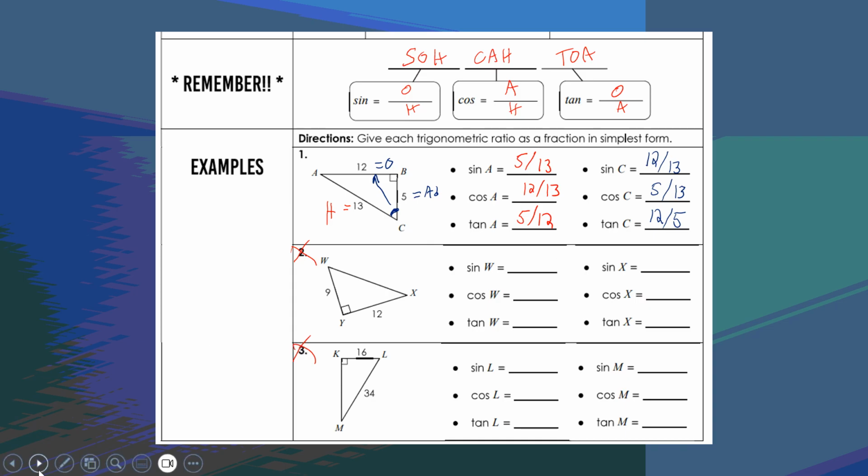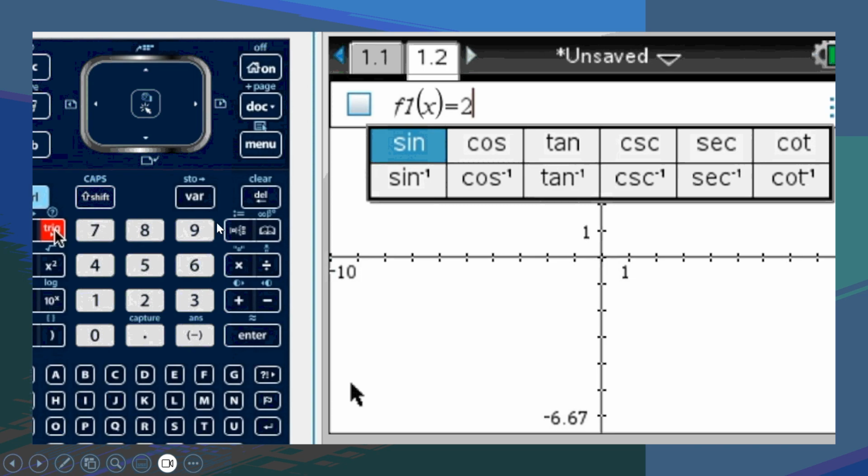Okay. Now to get into actually calculating things. First of all, if you are asked to round, you'll have to actually input the trig function in your calculator. If you're using the Inspire, there's a trig button here. It opens up all of these options. You can ignore the last 6; we're not going to use those in the course.